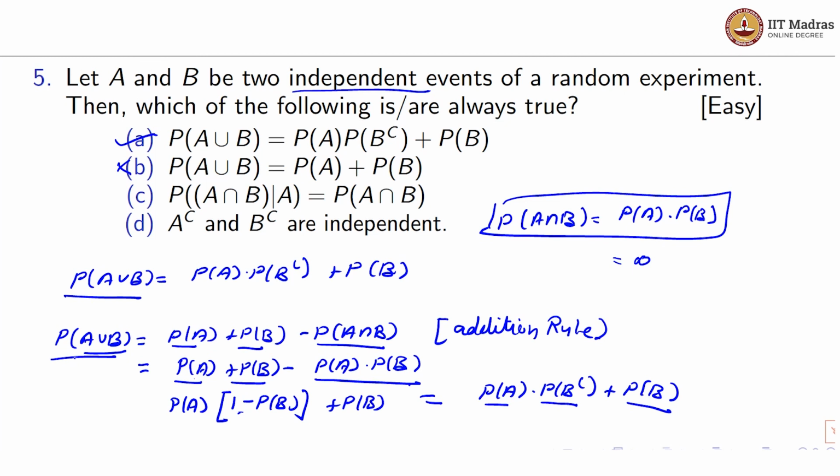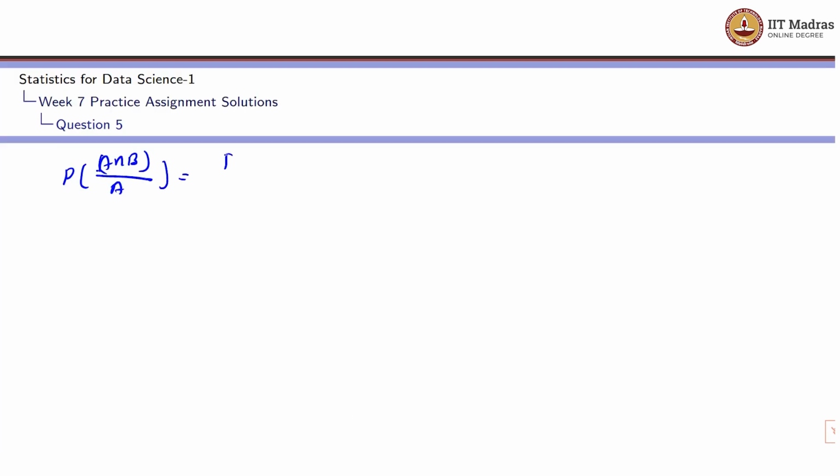Option C, probability of A intersection B given A equal to P of A intersection B. So let's check it. We have to prove P of A intersection B given A equal to P of A intersection B. Let me try to prove it by using the left hand side.